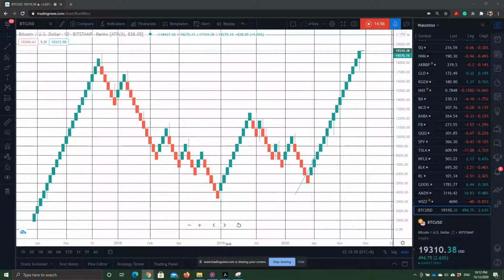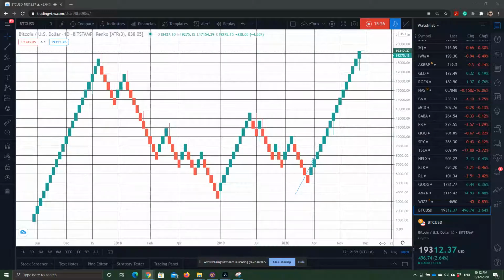If you see, for example, here 2019 to 20, and compare it to the previous year, you can see the previous year was longer. Renko charts have a time axis, but the time scale is not fixed. That's the better way of explaining.